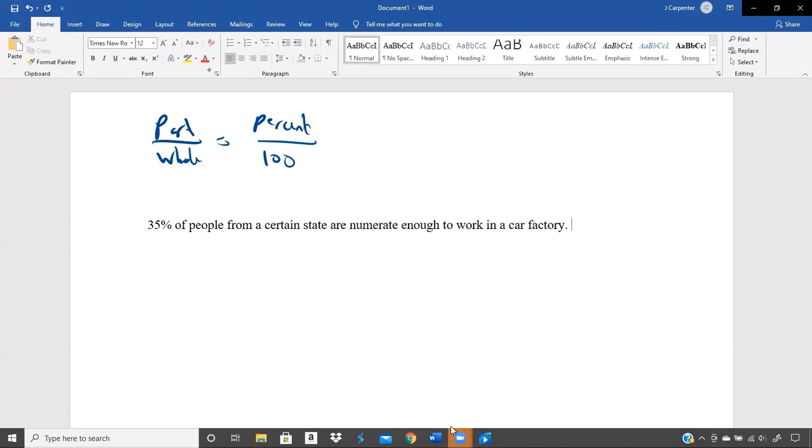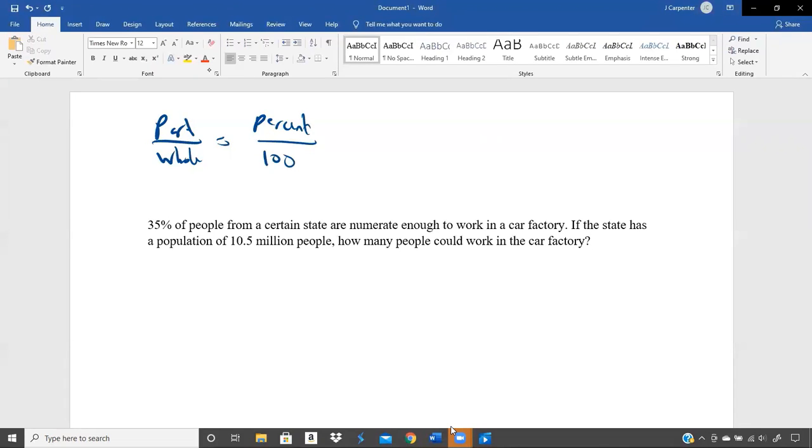I gotta do some little light programming of things to get the cars built, whatever. If the state has a population of, let's go, 10.5 million people, how many people work in a car factory?